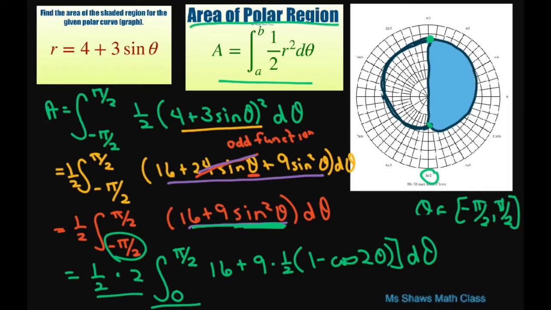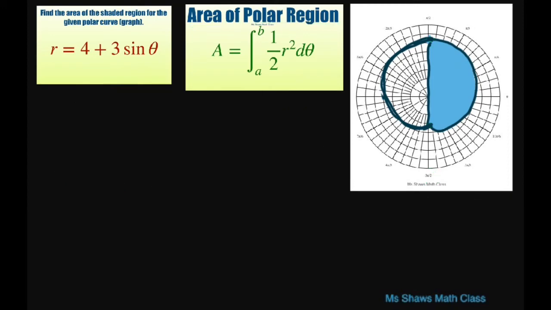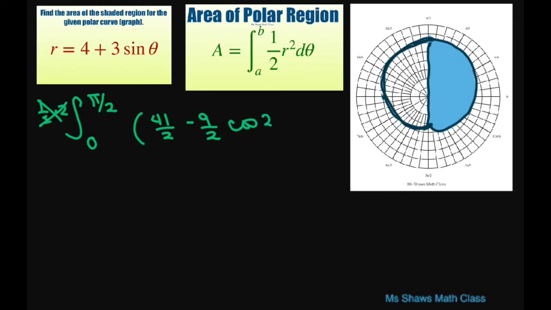I'm going to simplify this part here, and then we'll integrate. So that's going to simplify to the integral from 0 to pi divided by 2. Remember that 1/2 times 2 cancels each other out, so that's gone. And now I'm going to get 41 divided by 2 minus 9 divided by 2 cosine of 2 theta d theta.